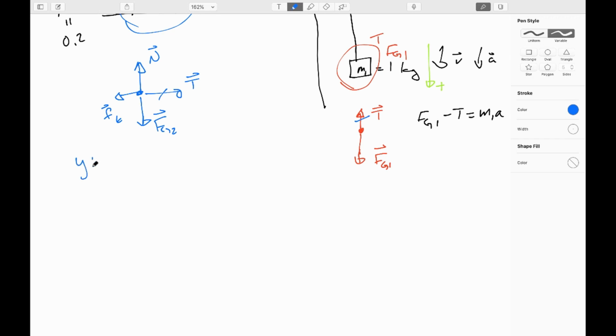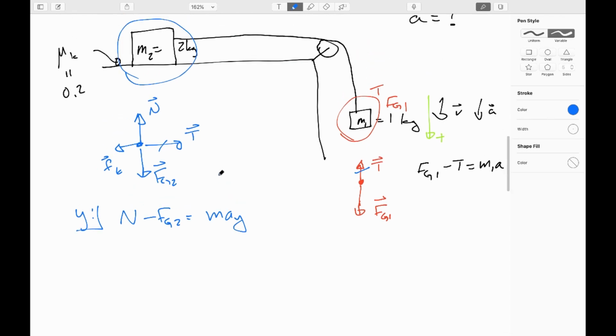So let's first start in the land of y. We'll have that the normal force minus Fg2 equals m a sub y. And since it's neither levitating off of or crashing through the table, a sub y is 0. So we get that the normal force is equal to Fg2, which is equal to m2g.